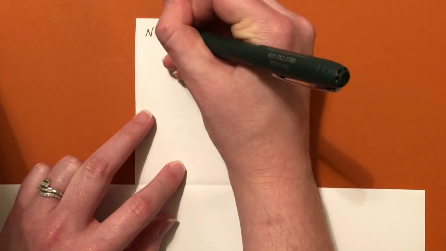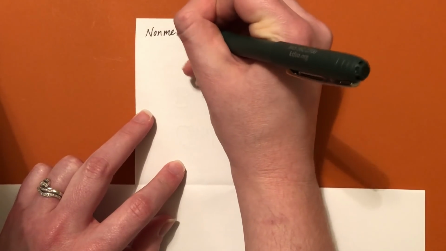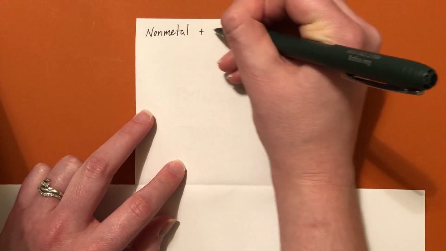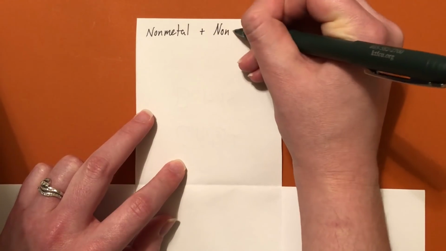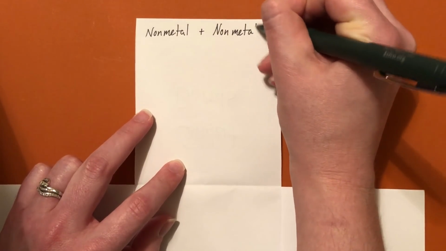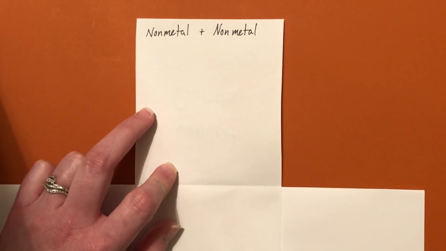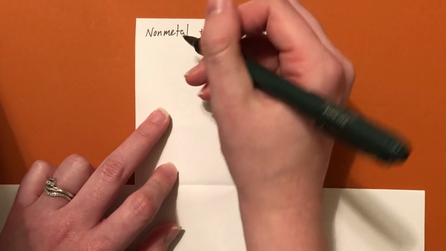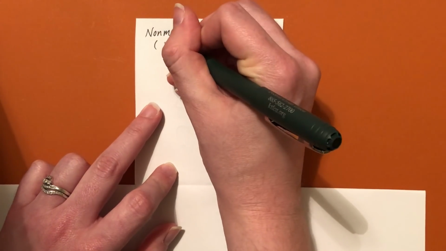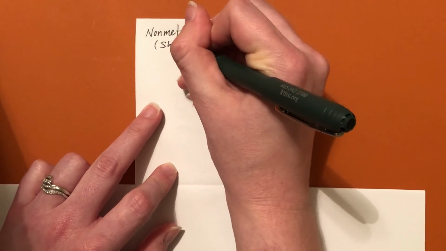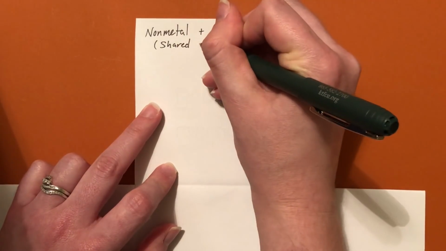So whenever I have a non-metal and a non-metal, those are covalent bonds. And unlike ionic bonds, they don't transfer electrons. Instead, they want to share electrons. So they have shared electrons.